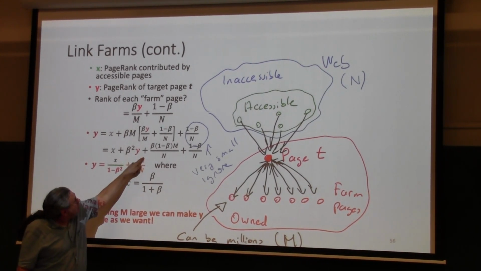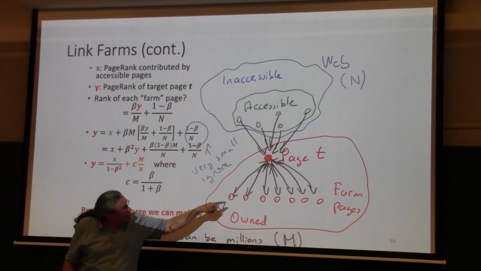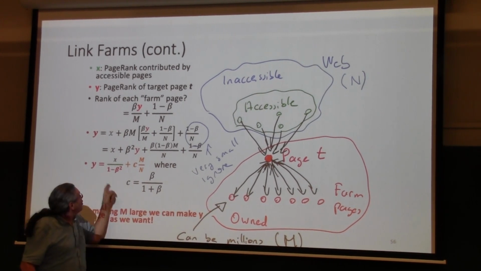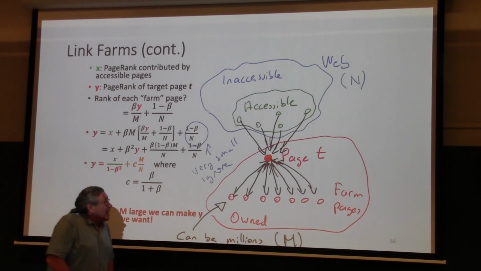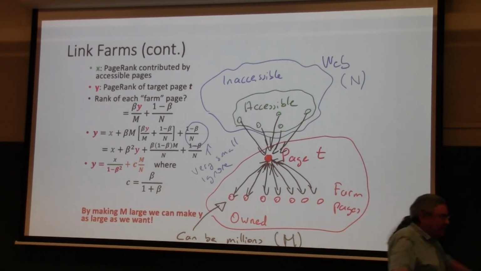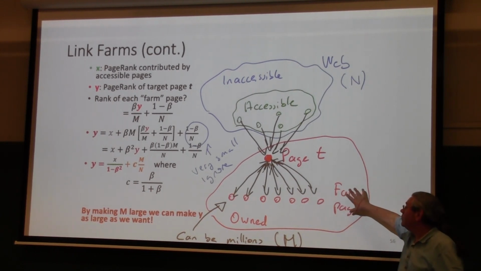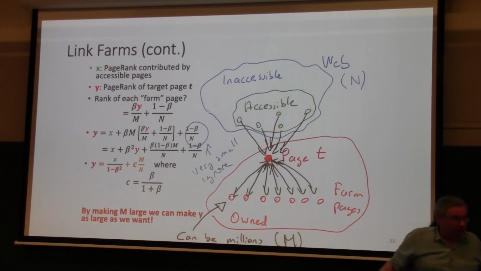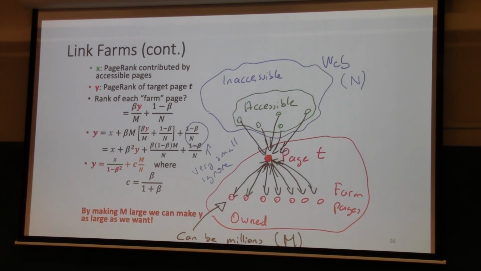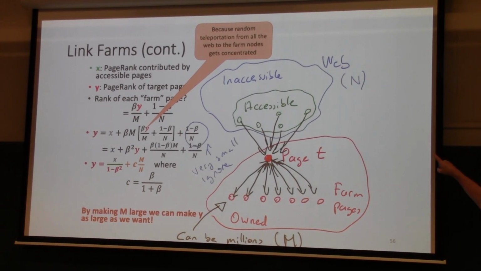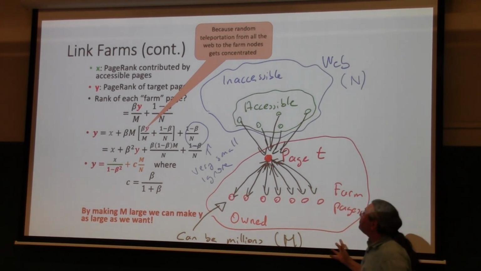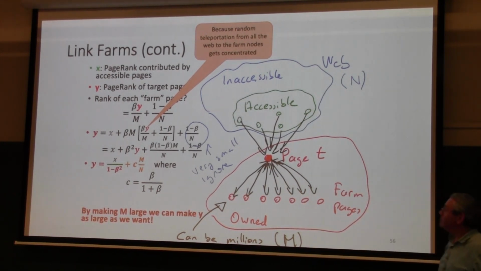The bigger that m is, the more teleportation will go there, and the more you can increase the page rank. And it doesn't matter what anybody else does. They do whatever they want. If I'm rich enough, I just have to create a lot of pages, and the teleportation will go there, and I can increase that. The search engine optimizers, this is what they do. The random teleportation from all the web to the farm nodes gets concentrated and pushed into page T.